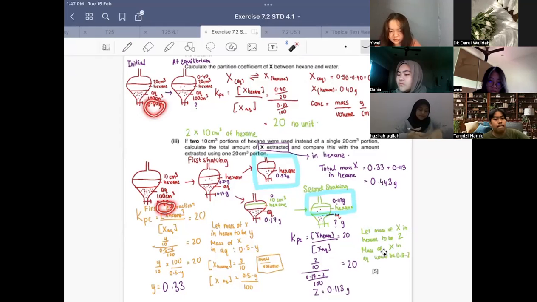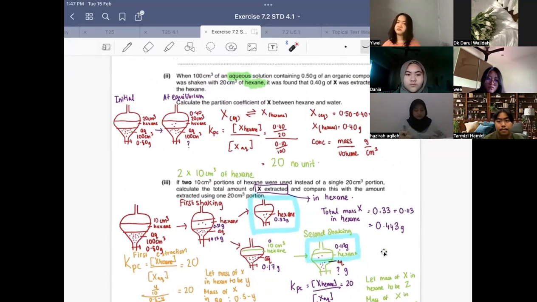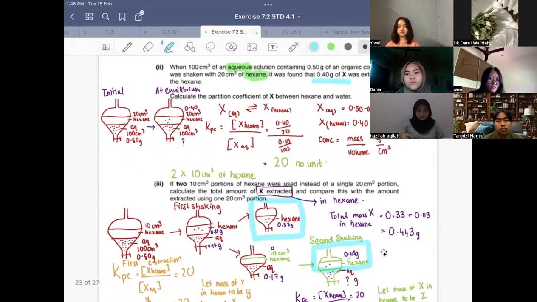All the information are the same, except that for the second part, they divide it into two steps. So you can see for the first part, they managed to get 0.4 grams of X. And the second part, we managed to calculate 0.443 grams. So the mass is bigger, right?